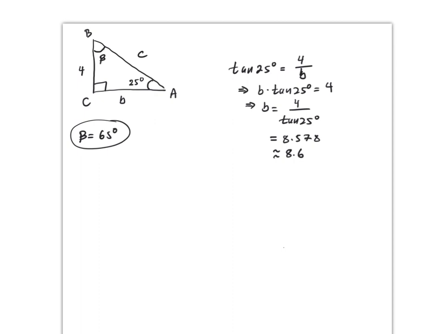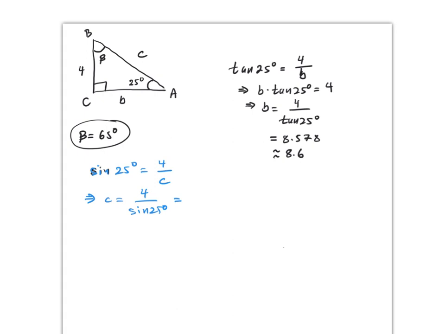You could also have used sine. Sine of 25 is the opposite over the hypotenuse, so this should be 4 over C. Using the same technique, C is going to be 4 divided by sine of 25 degrees.